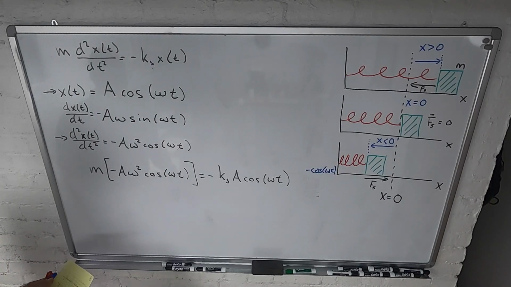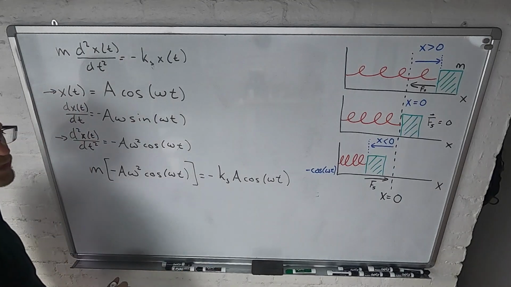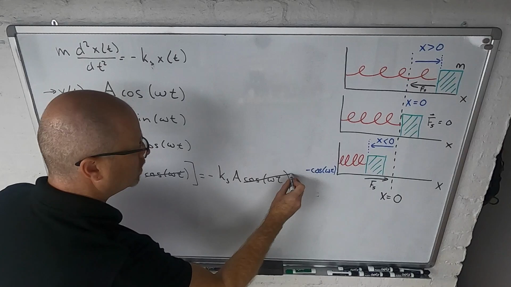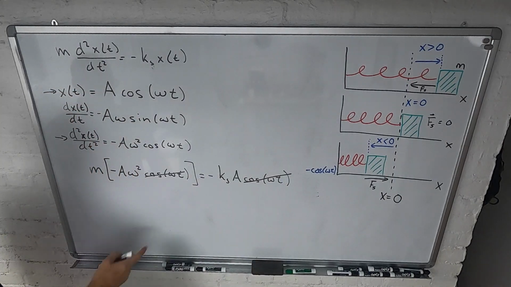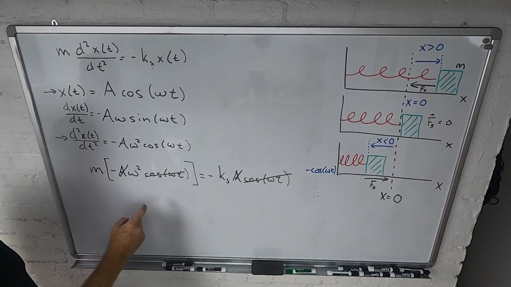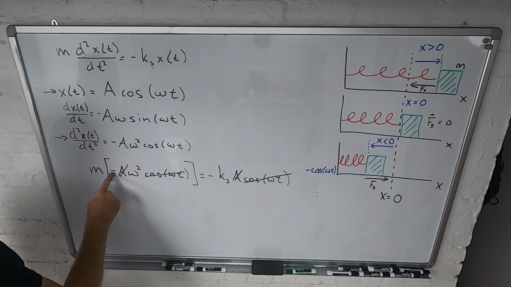Now, what have we done? Well, if we look very closely at this, we have terms that are the same on both sides of our equation. There's that. We have an A here. That goes away. I have an omega squared. There's no balance for that. I have a minus, so the minuses go away.